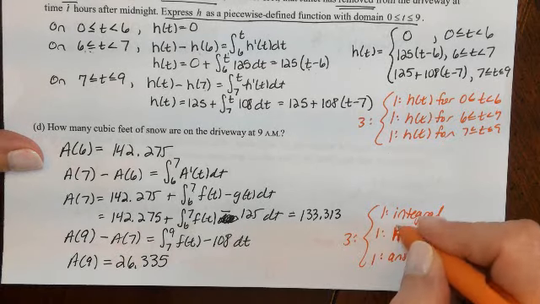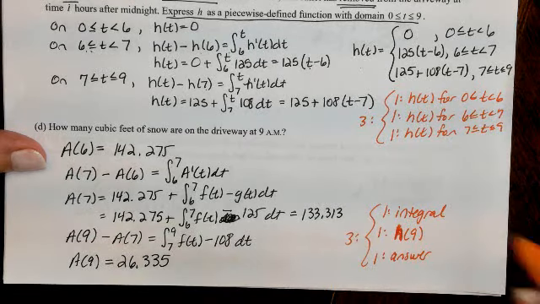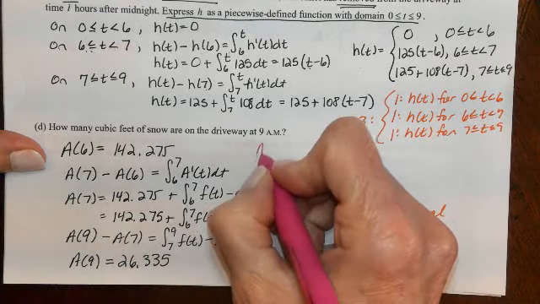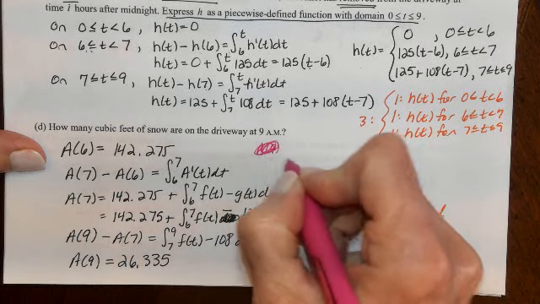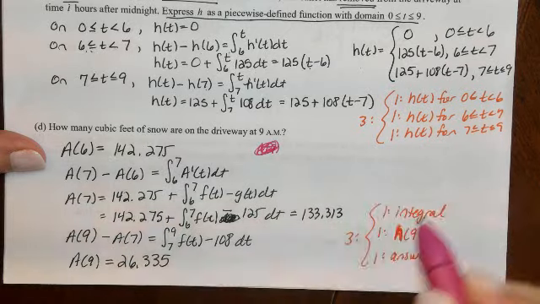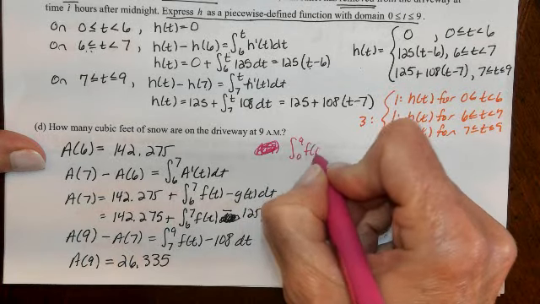It made me think of another way we could have done this problem that you may have done on your own. We could have found the amount of snow that fell from 0 to 9, the integral from 0 to 9 of f of t.